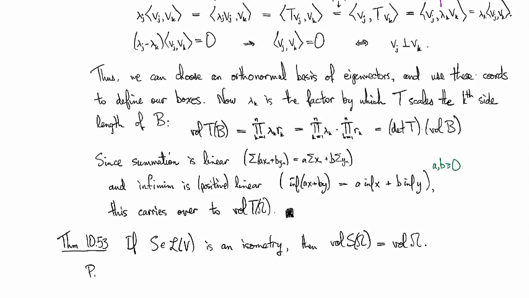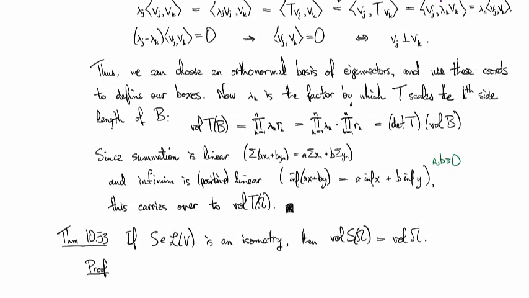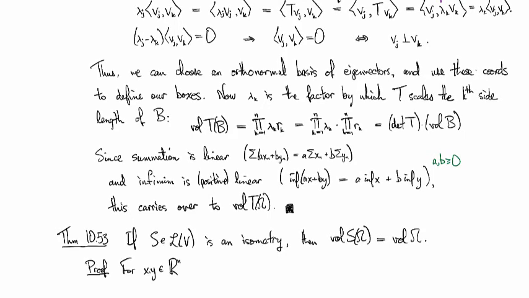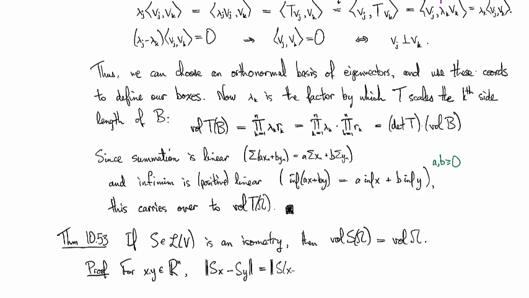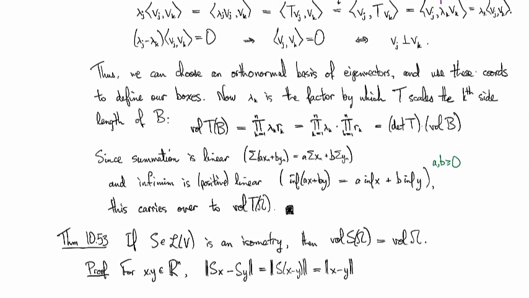And so the proof of this is basically just a restatement of, hey, S is an isometry. So for x and y in R^n, the distance between any two points x and y after the transformation, well, by linearity, we can rewrite this as the norm of S times x minus y. And then because it's an isometry, this is just going to be the norm of x minus y.